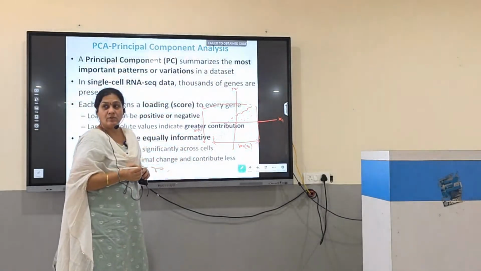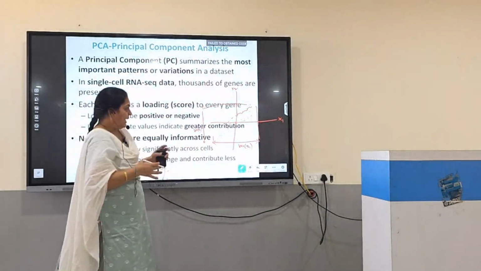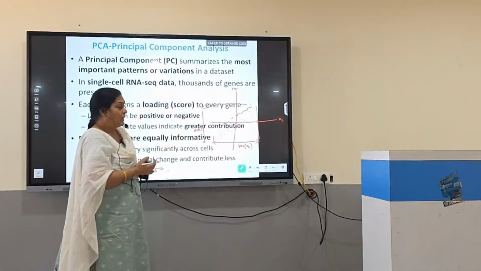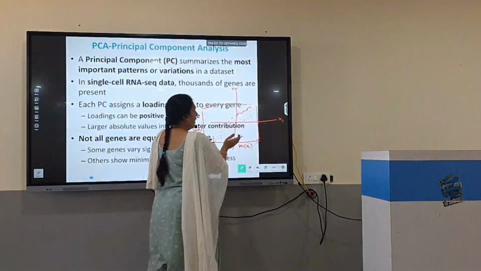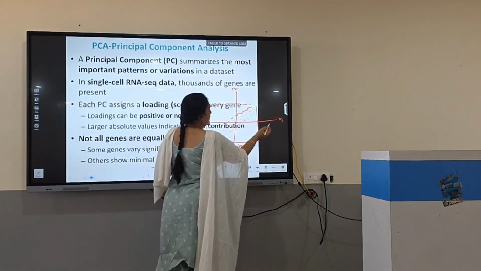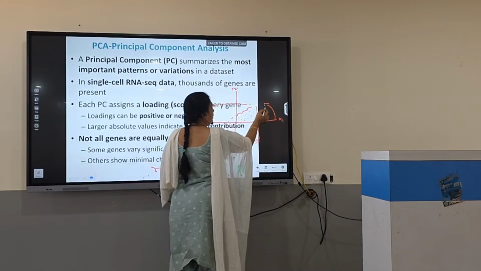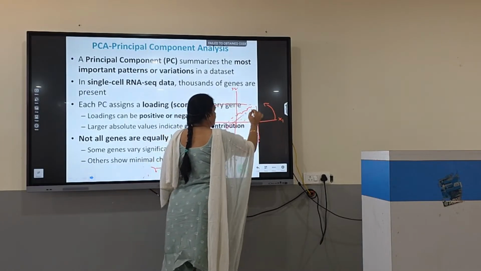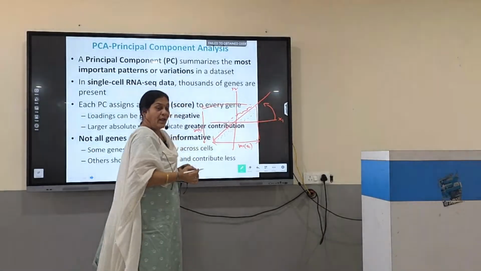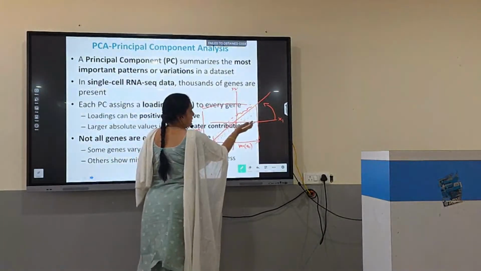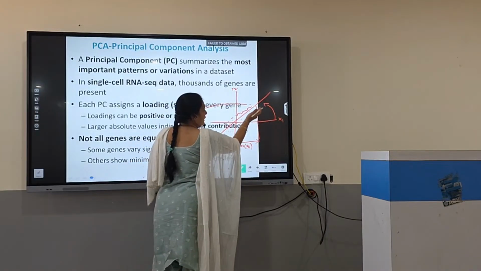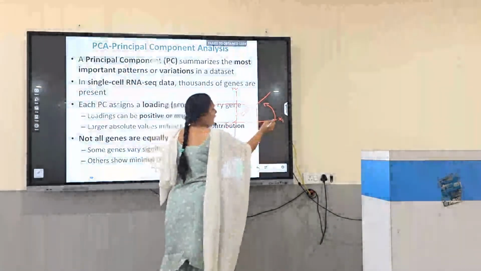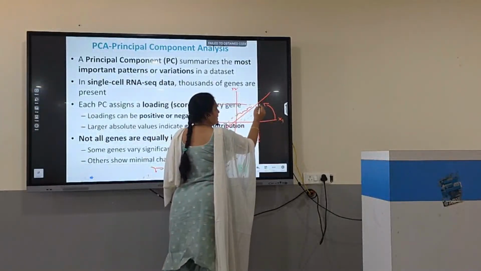If I have such type of data, I can transform this data by drawing a line like this, and I map this into this direction. So if I transform this x1 onto this axis, I rotate my x1 using this theta.